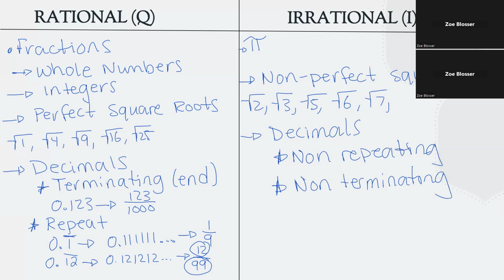If they don't repeat and they don't end, they're just numbers that go on forever, and you can't turn them into a fraction because if this decimal goes on and on and on forever, we don't have an end point, so we can't turn it into a fraction because there's nothing I can put it over. And it doesn't have a pattern, so you can't put it over 9s or anything. All right. So those are the two definitions of rational versus irrational.